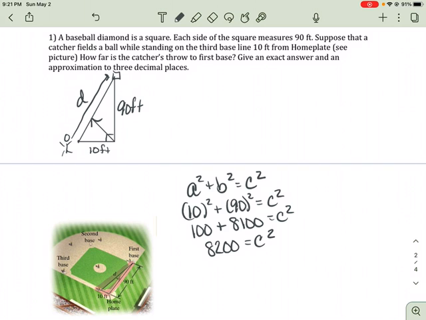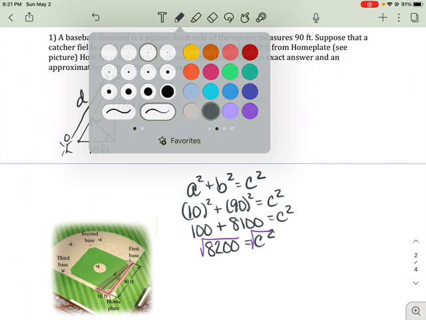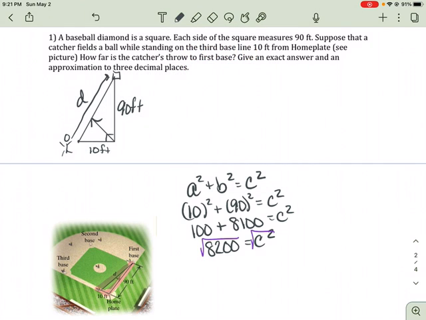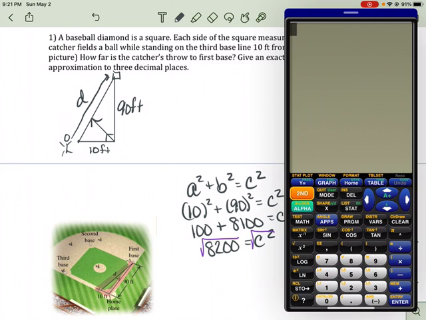Now, since we're solving for c, we're going to take the square root of both sides. That's the new part right here. Usually I'm very adamant about the whole plus and minus concept, but because these are applications, we're only going to work with the positive solution. So I'm going to pull up my calculator. Second, square root of 8200.